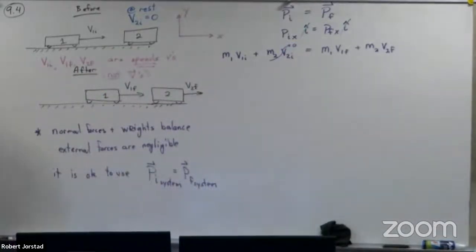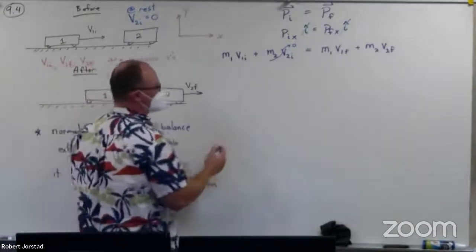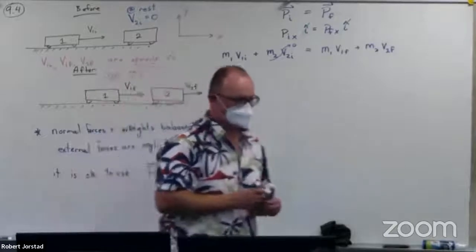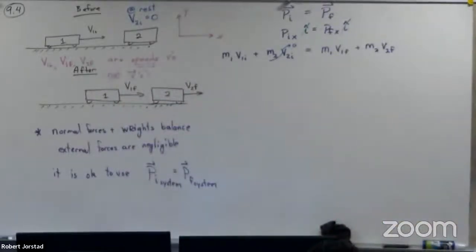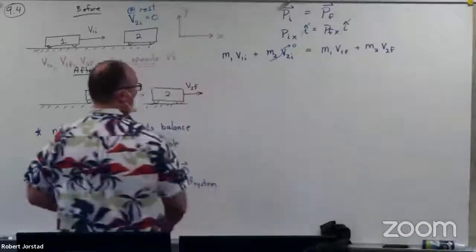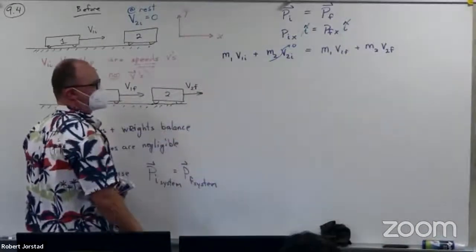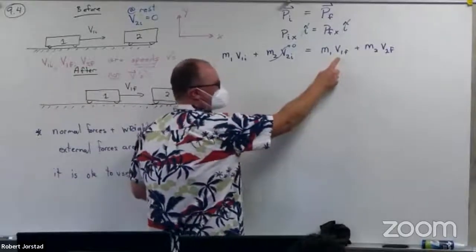Man, I'm digging these markers right now. Nice and fresh. I don't know why. What are we supposed to figure out? Final speed. Final speed of M1. Which variable am I looking for? V1 final. This is what we're trying to find.